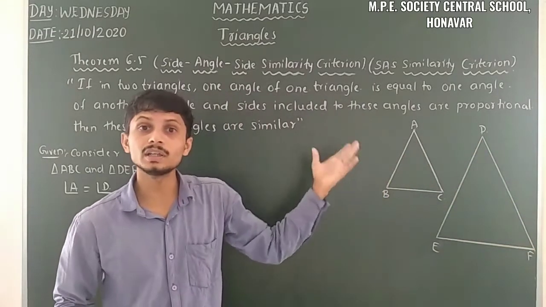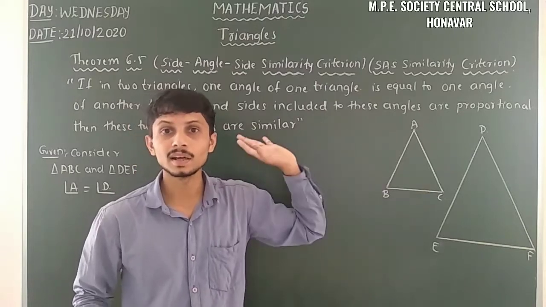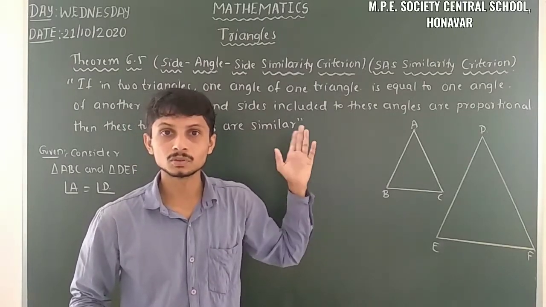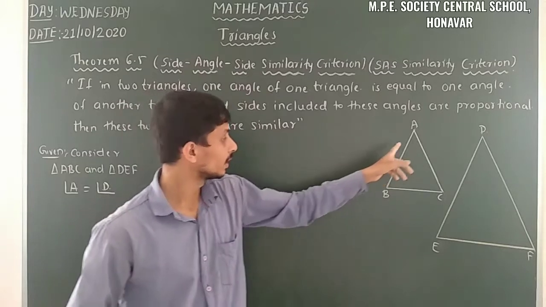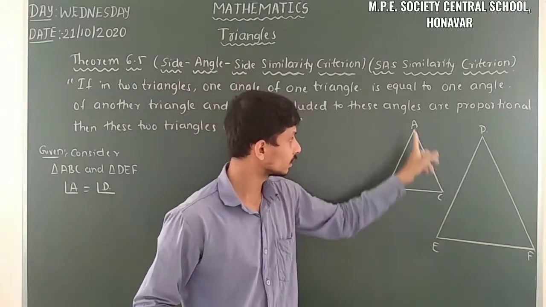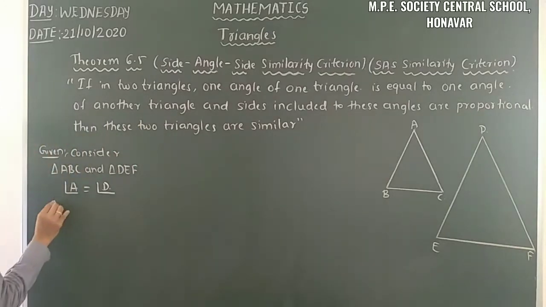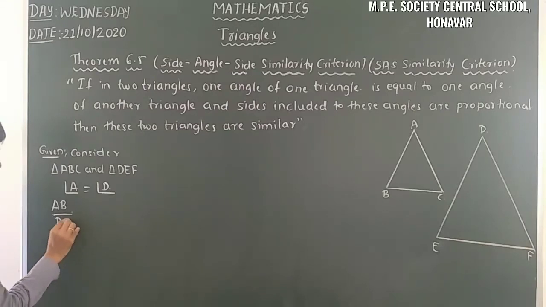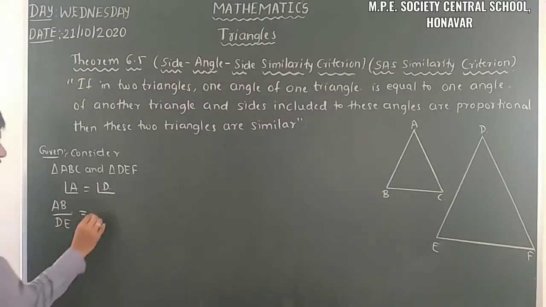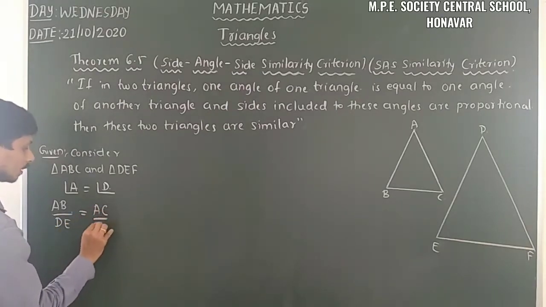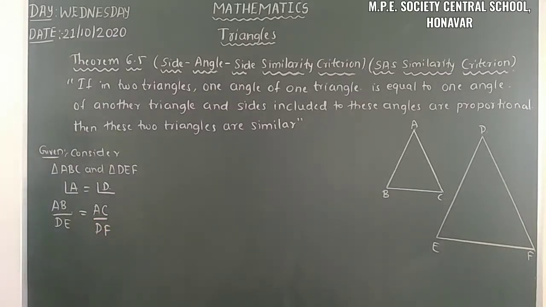Those are the included sides of that angle. So that's why we have to take AB by DE is equal to AC by DF.